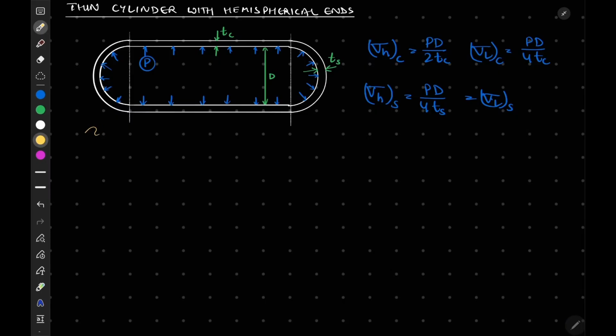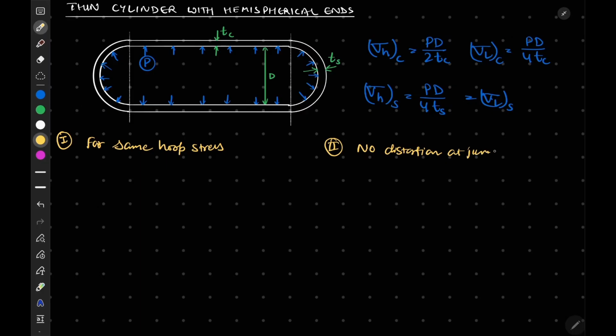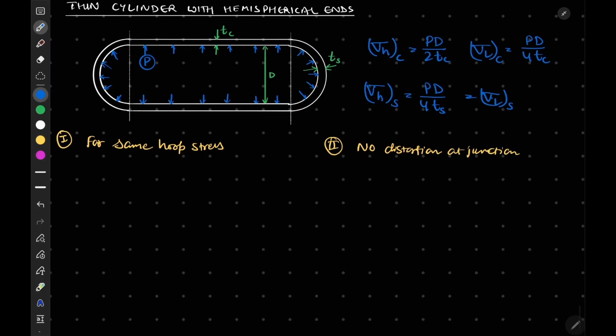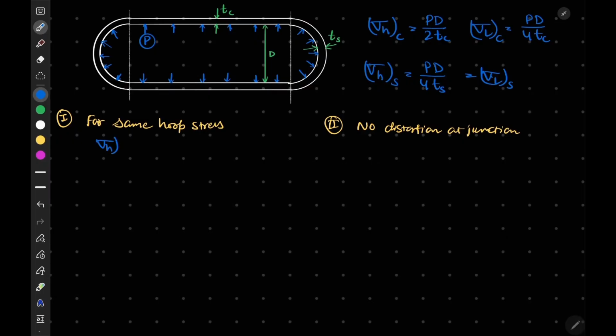The first way is the thickness of the cylinder for the same hoop stress, and the second condition may be no distortion at the junction. For the same hoop stress, sigma hoop of the cylindrical section is equal to sigma hoop of the spherical section at this junction.